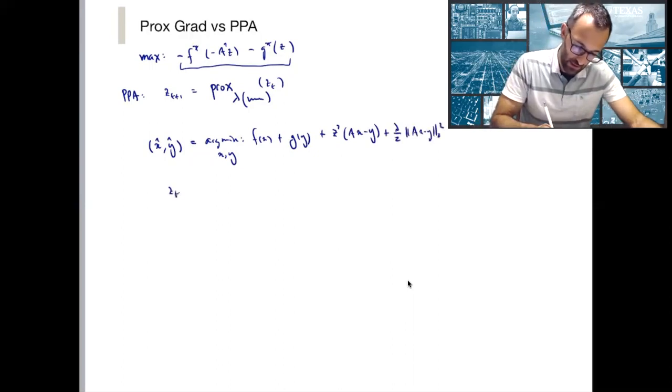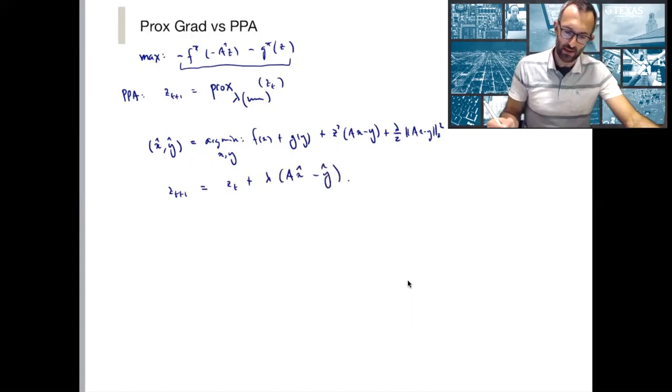And zt plus 1 is equal to zt plus lambda times (Ax hat minus y hat).